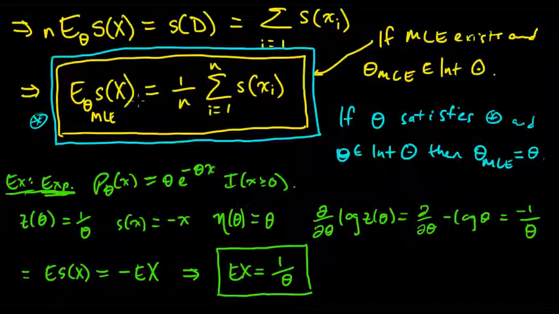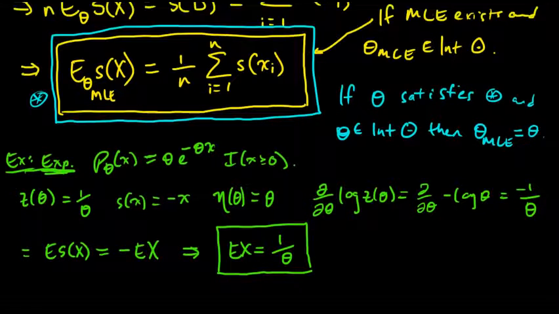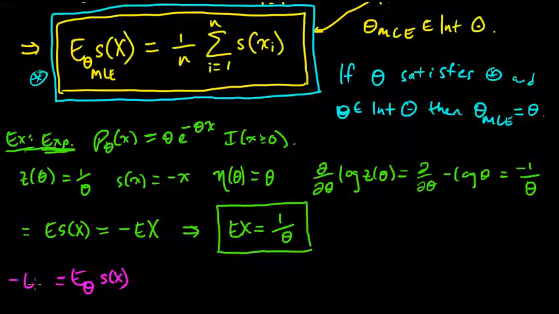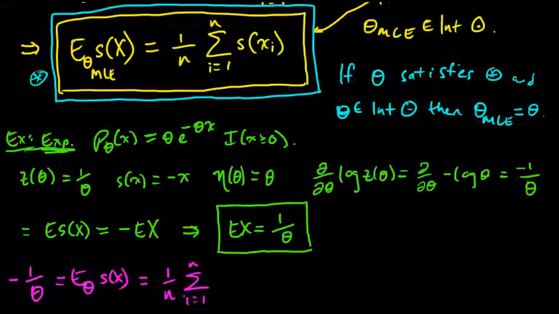To get the MLE, we have our sequence of points. Let's write what this means. Under theta, the expected value of s of x is minus the mean, which we already know is minus 1 over theta. And that equals 1 over n times the sum from i equals 1 to n of our statistic, minus x i.